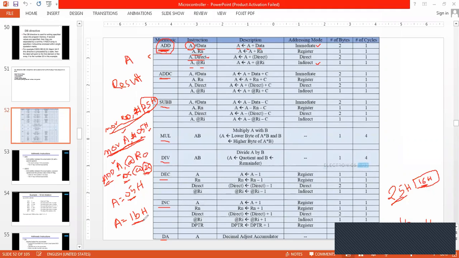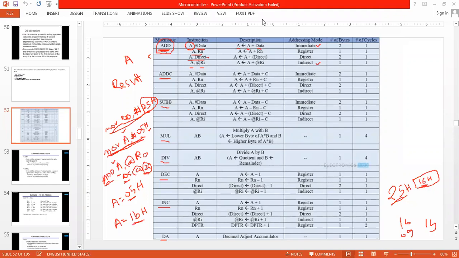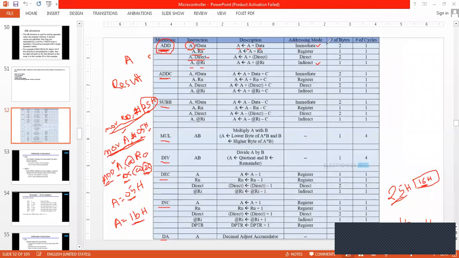Okay. So now, here this ADD has been done now. Add instruction. So one more example.